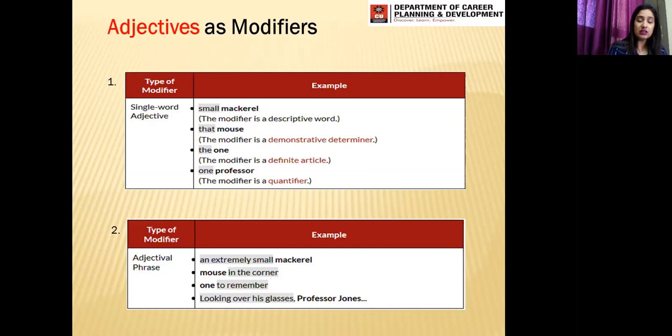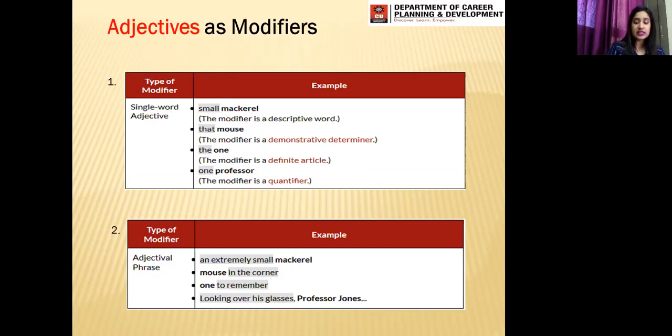Since it is working on a noun, it is regarded as an adjective modifier. In the next, a demonstrative determiner is used. After that, the definite article the is used, and the last one is a quantifier, telling about the quantity, that one professor is there.